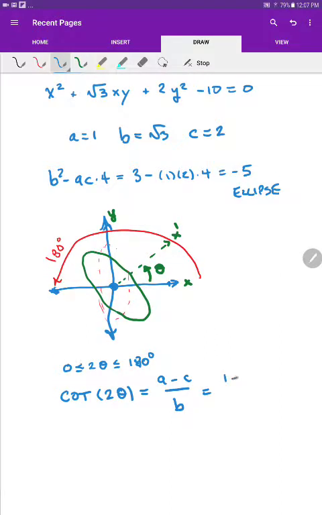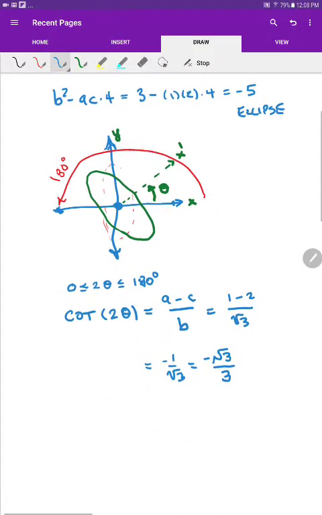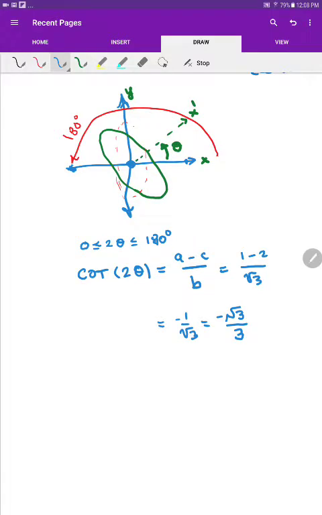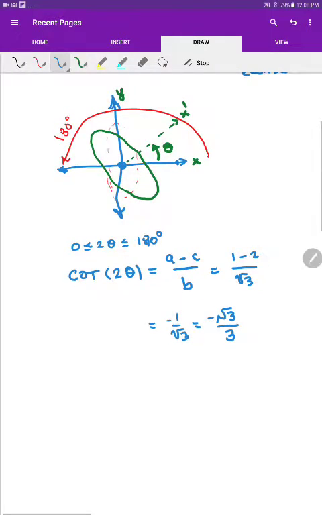So we get 1 minus 2 over square root of 3, which equals minus 1 over square root of 3. If we don't want the square root of 3 in the denominator, we could rewrite this as minus square root of 3 over 3. And if you study the unit circle, you'll see that this appears in one of two spots.